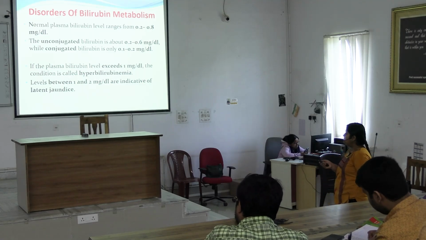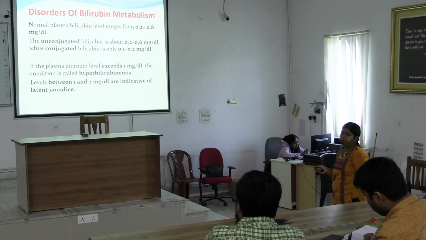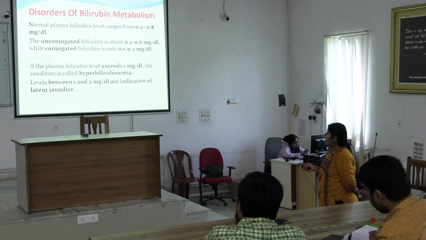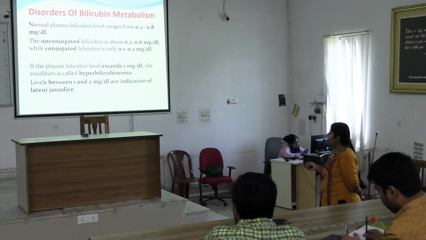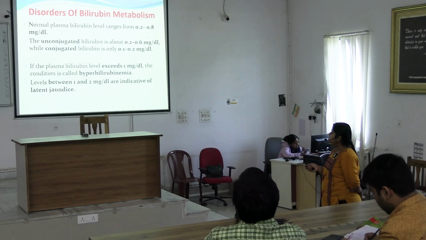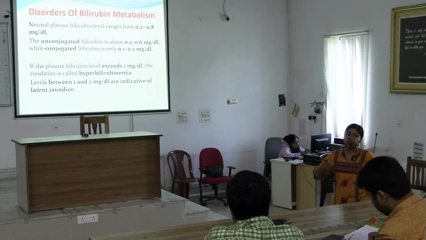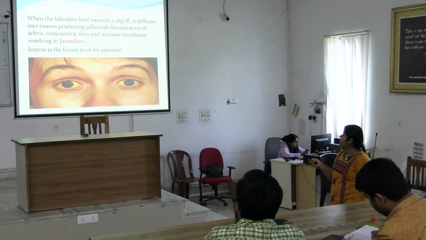Now, if the plasma bilirubin level exceeds 1 milligram, it is called hyperbilirubinemia. This is the disease, hyperbilirubinemia, and when it remains between 1 and 2 milligram, it is indicative of latent jaundice. Latent jaundice means jaundice is developing. What is jaundice?